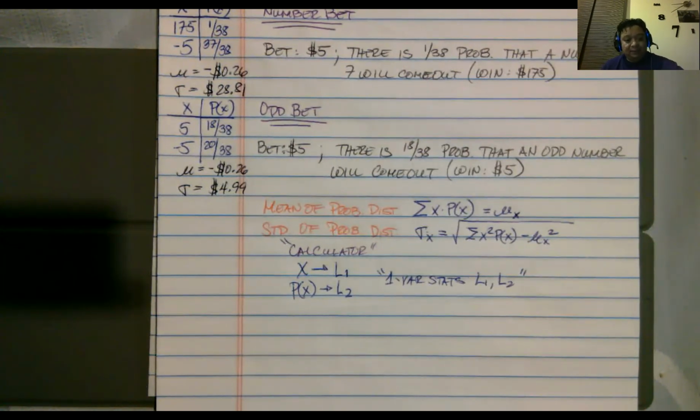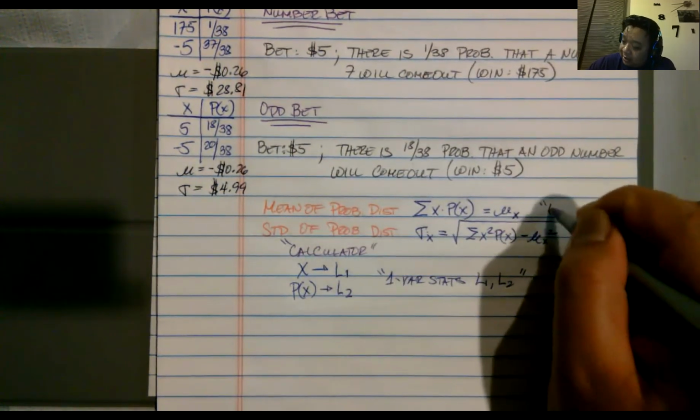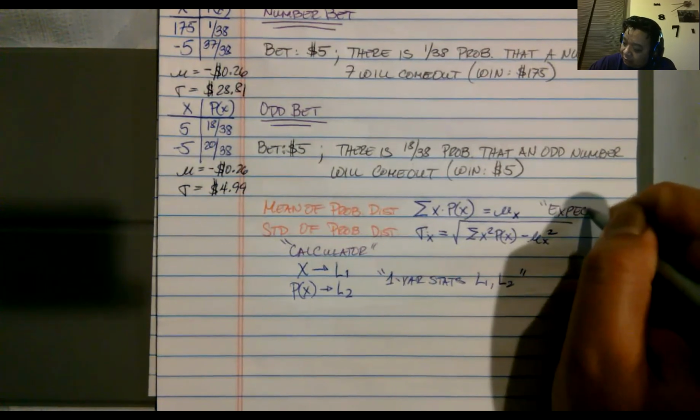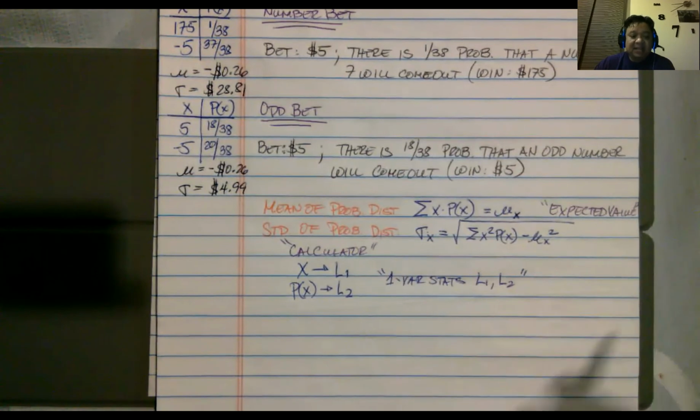Questions on that? All right, now let's talk about what exactly the mean means. What exactly is the mean aside from the average? The average or the mean is also called the expected value. Essentially, it's what you expect the value of X is in the long run if you keep doing this experiment.